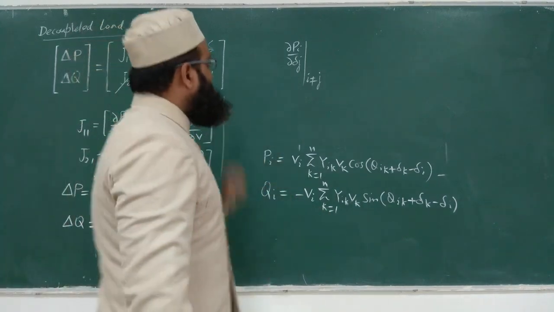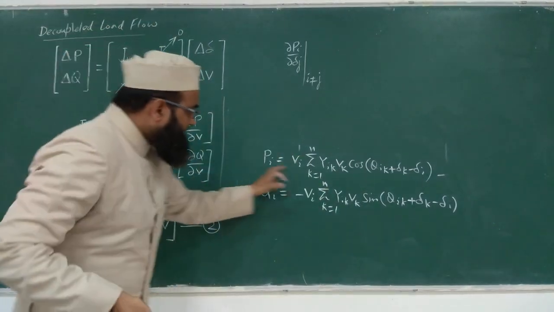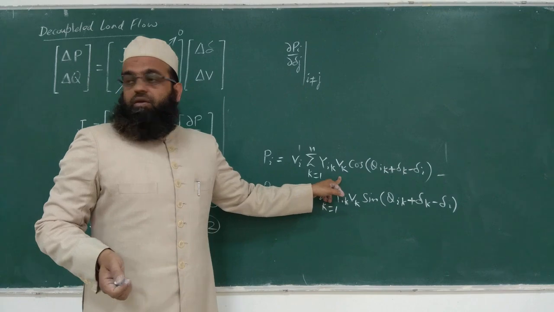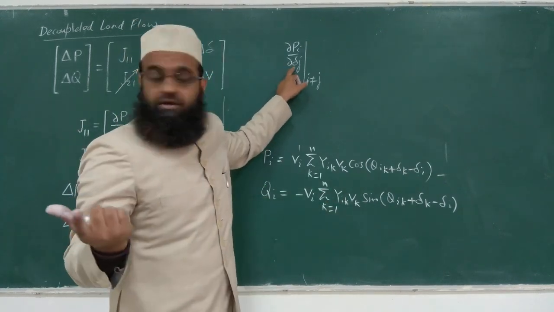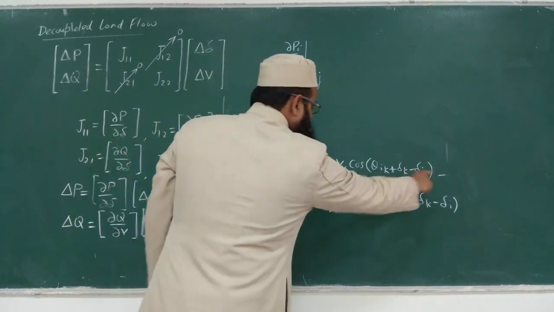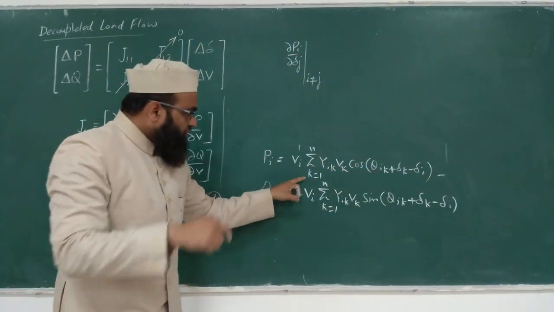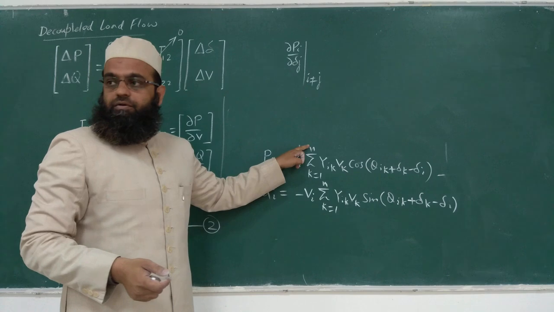So first take this case, del Pi upon del delta J. Pi is this. So partial derivative, our variable is delta J. So search for delta J here. So this is ranging from 1 to n.